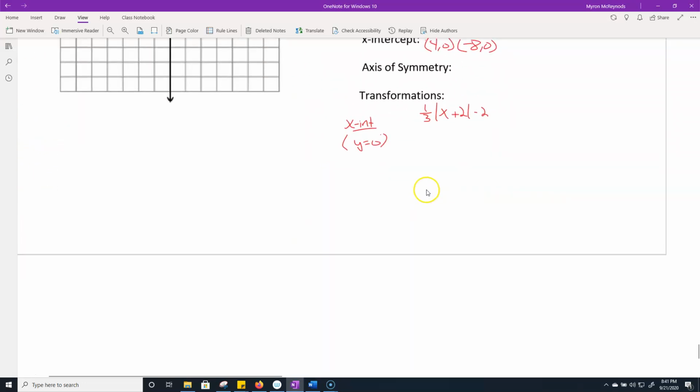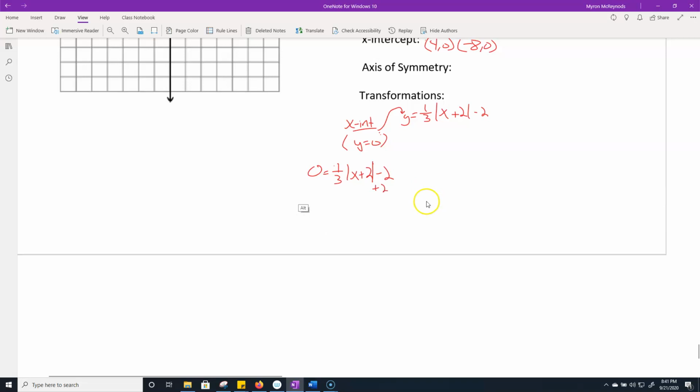So I set y equal to 0 right there. The x-intercept's usually the tougher of the two. So I plug in 0 equals 1/3 absolute value of x plus 2 minus 2. And now I need to solve for x.